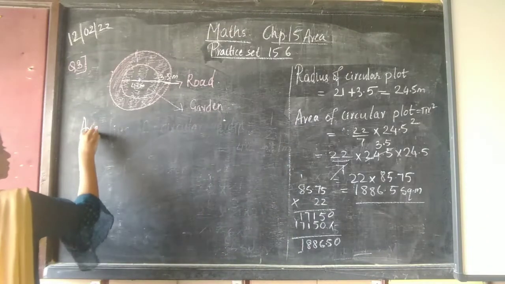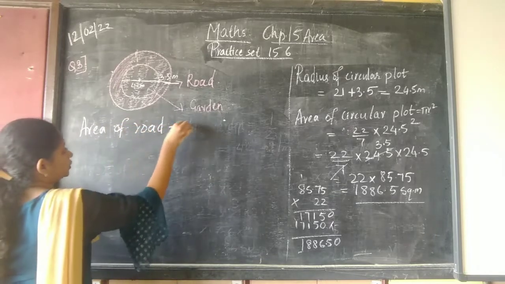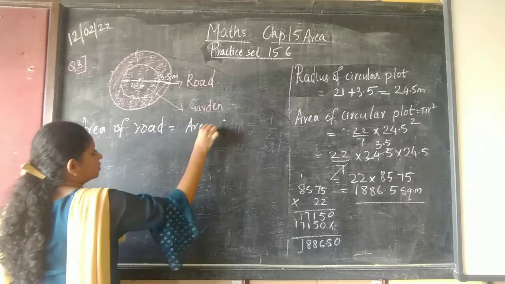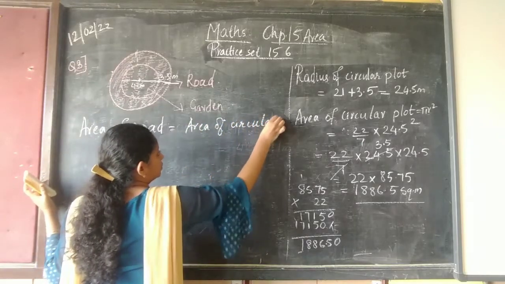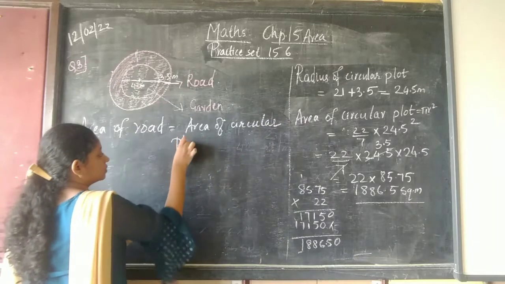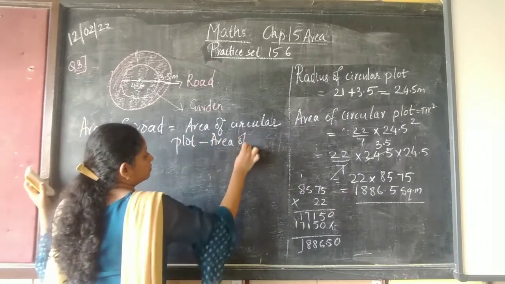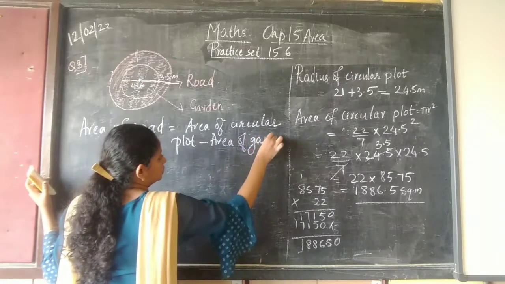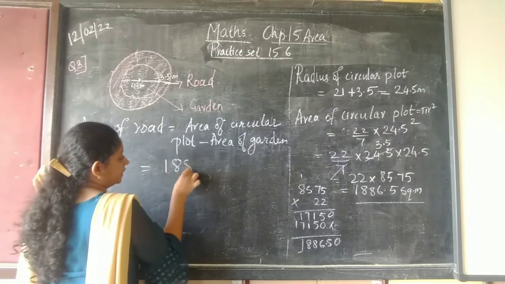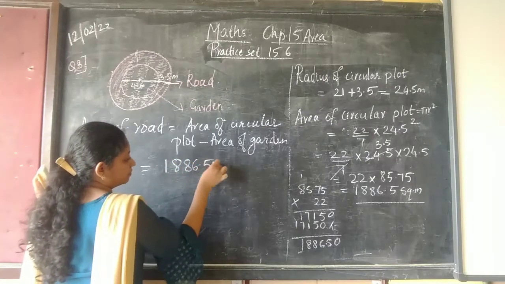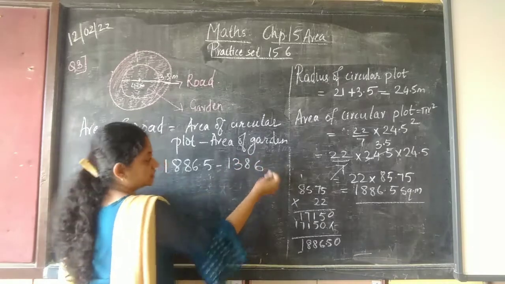Area of road is equal to area of circular plot minus area of garden. 1886.5 minus 1386.